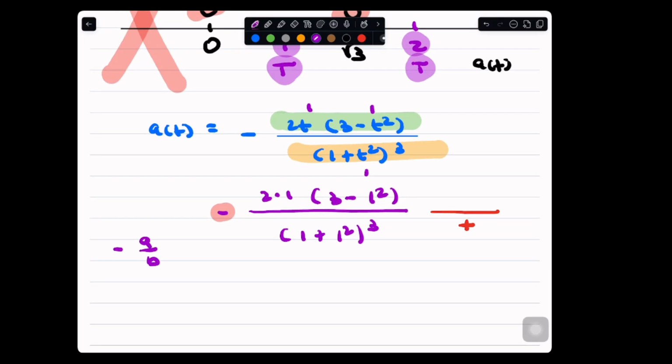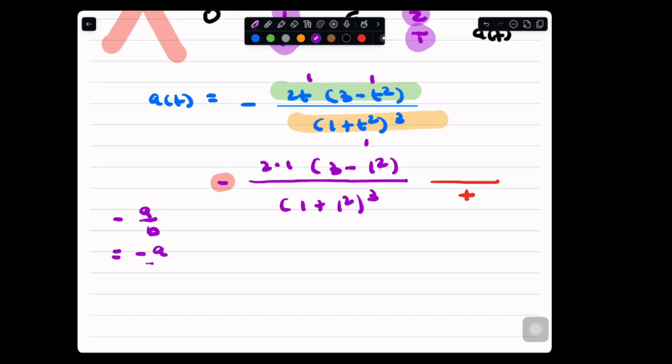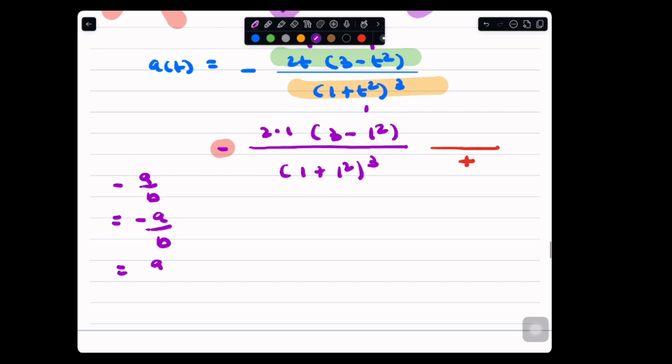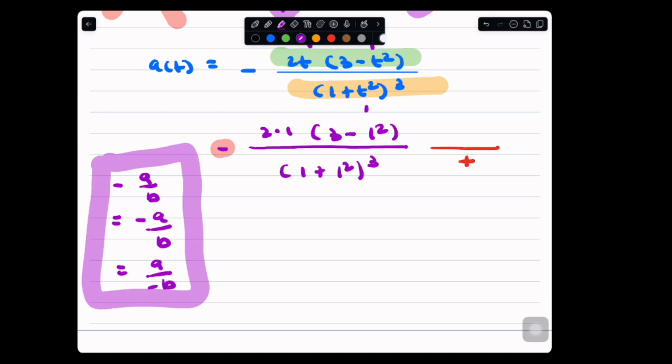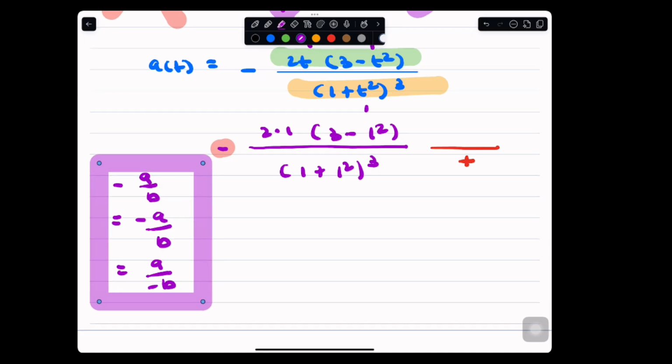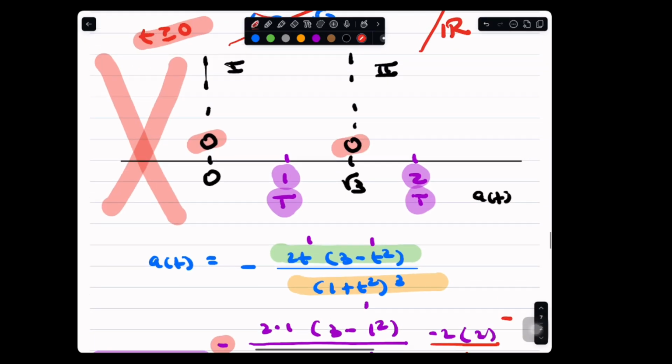A negative fraction is negative a over b, or it is a over negative b. I used to teach this in pre-algebra to students. They weren't quite sure where to put the negative. So we can say this is going to be negative 2 times 3 minus 1, positive 2. You got a negative over a positive. What does that give you? Region 1 is negative. Your particle is being pulled to the left.